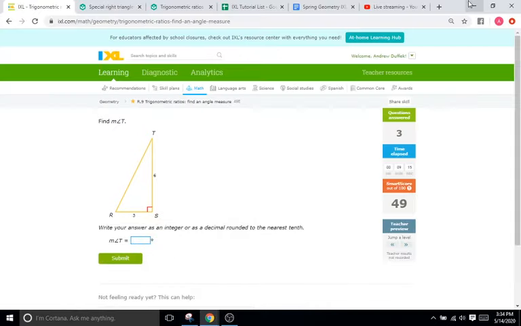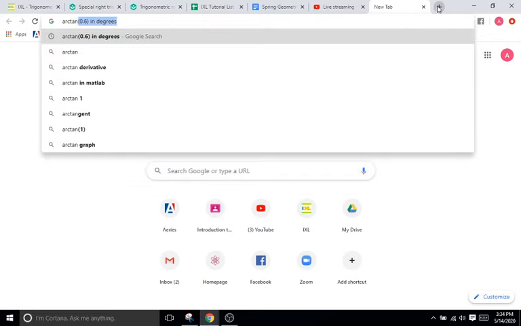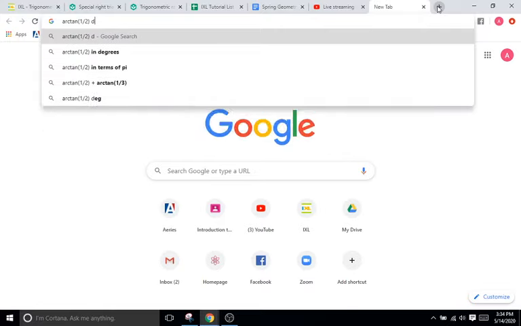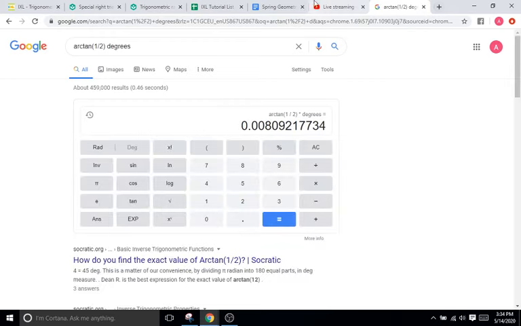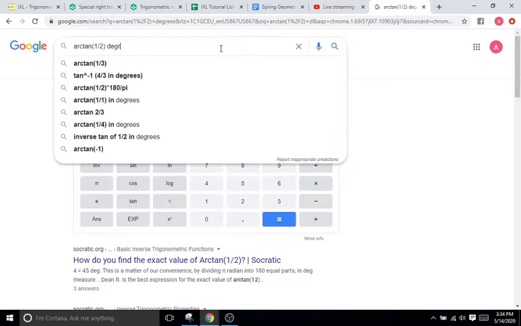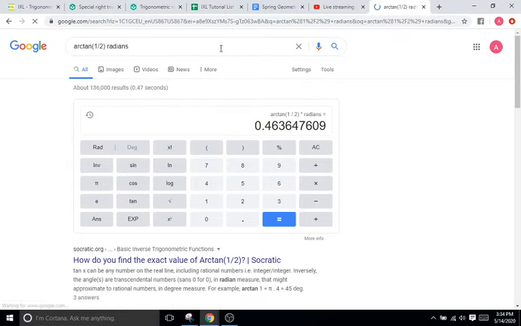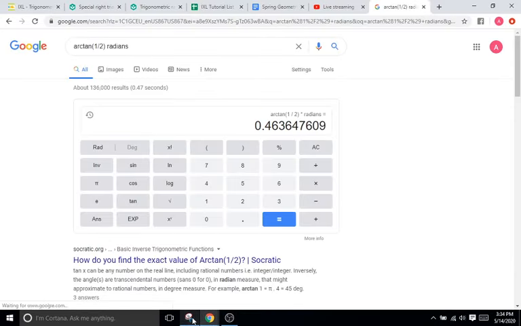So you can get your calculator. I'm just going to go to Google and type in arctangent of 1 over 2, in parentheses, degrees. Hold on.